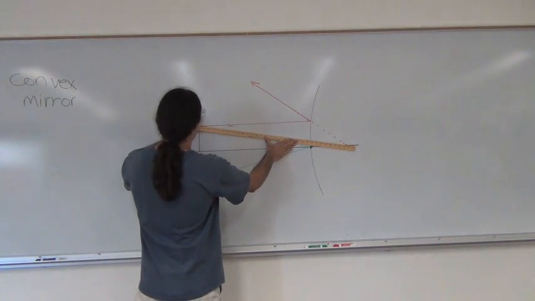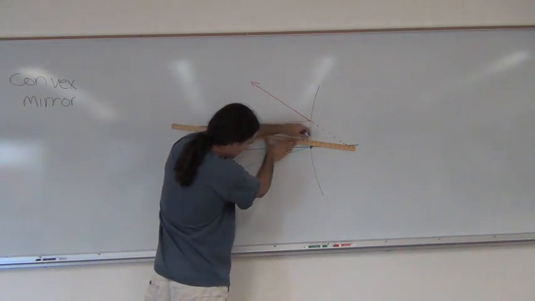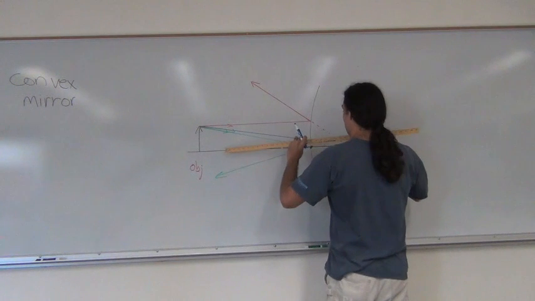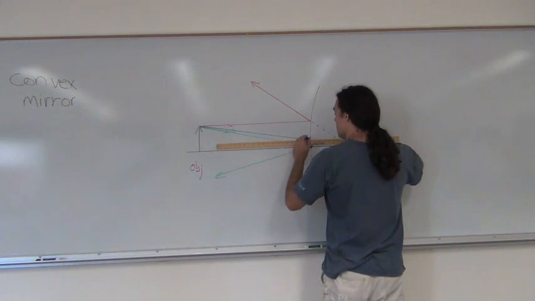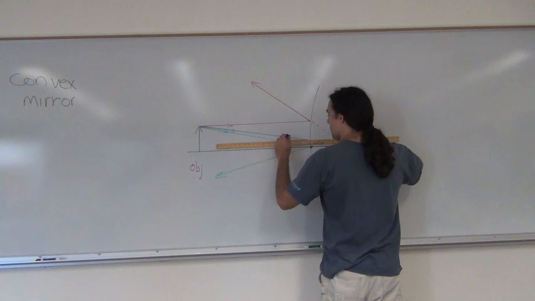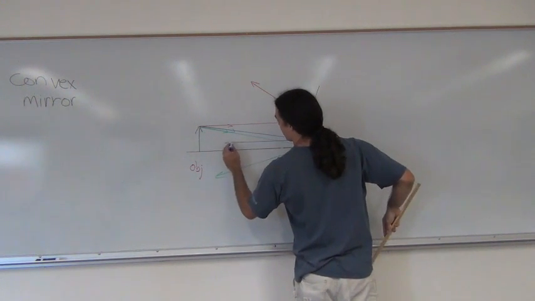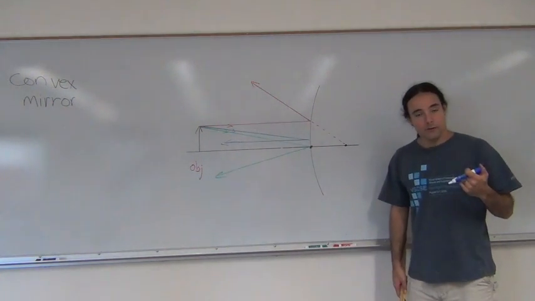Line this up with my focal point and my object. Trace my ray coming in. It will bounce back horizontally. It's supposed to be straight.